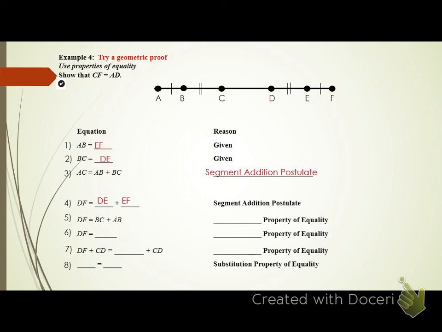Okay? Well, in this equation right here, we've got DF equals DE plus EF. Well, up here, DE and EF equal other things. Remember substitution property? That means we can substitute AB and BC in for DE and EF. And as a matter of fact, that's what we've done to get DF equals BC plus AB, and that's by the substitution property.